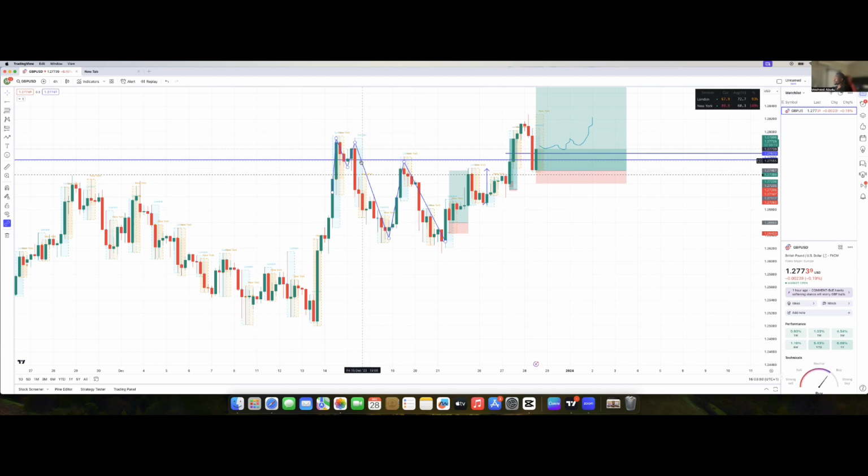To me, it's a pattern I look for, that I want to see in the market every day, every time I trade. And see what happened, guys. The market moved from here giving us about 120 pips on GBP USD. That's not a joke.